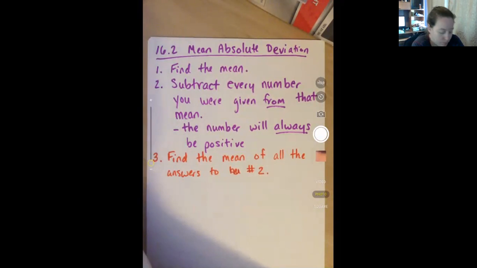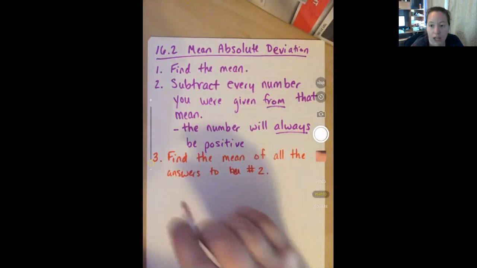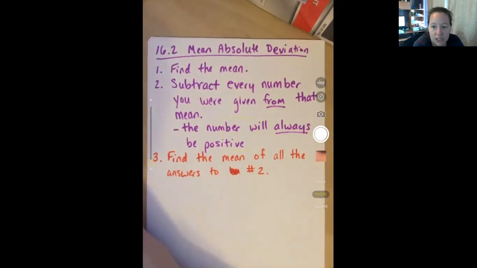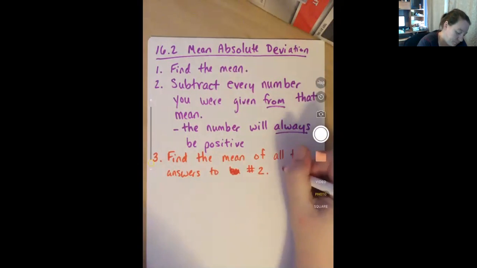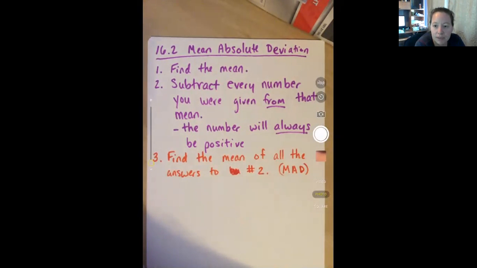So all the numbers that you got here, you're going to find the mean of them. So you're going to add all of them together, and then you're going to divide by how many numbers there are. This is our mean of absolute deviation. This is our MAD. At this point, I have the MAD. This is the mean of absolute deviation.